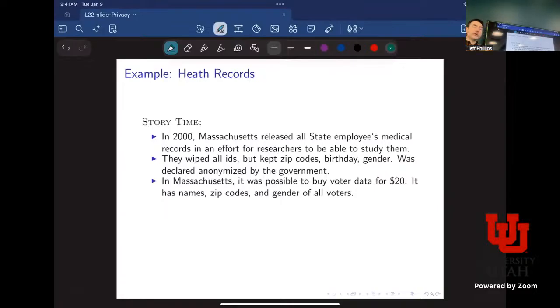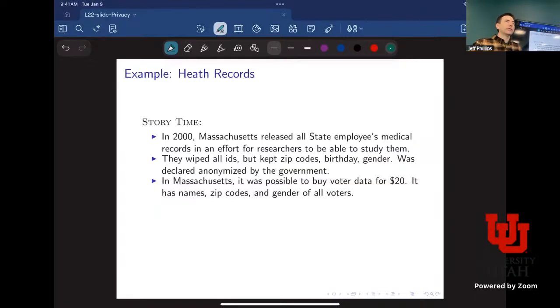Also around 2000, I think this is still true in most states today with some variation, it was possible to buy the voter records of people for like $20. Okay, you could go to some government office and say, I want the voter rolls of who voted in this election. It doesn't tell you who they voted for, but you can see who voted.